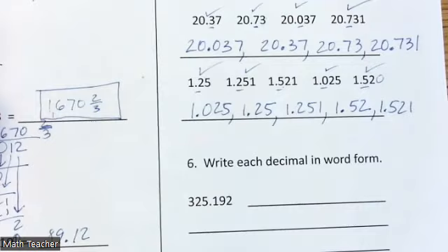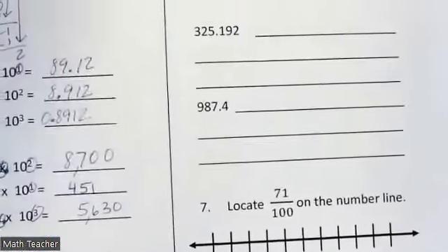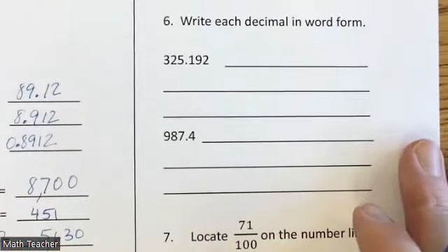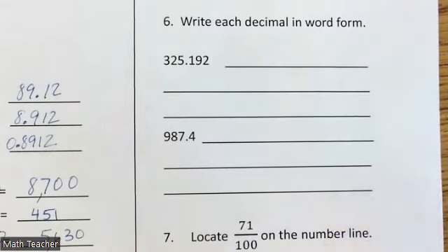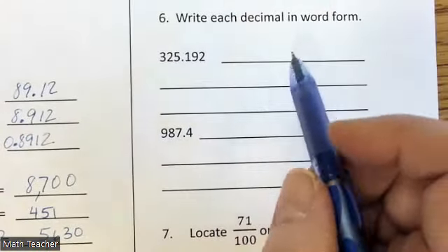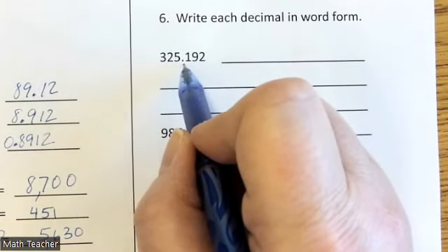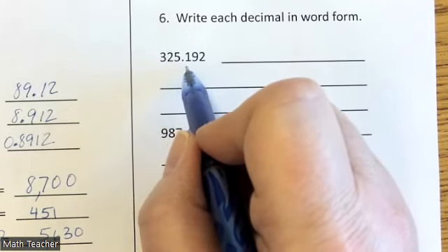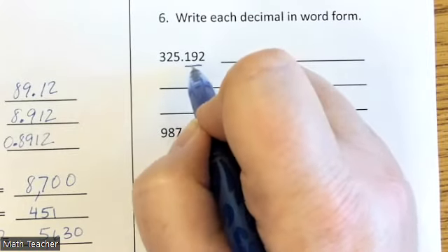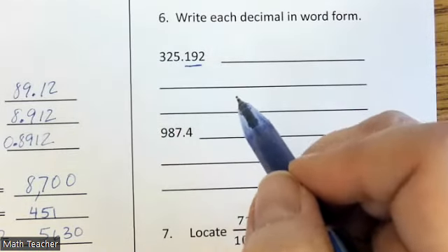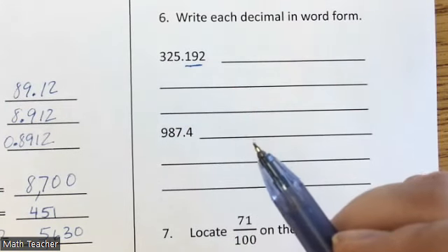And then this next question is just about reading numbers using the appropriate terminology and place value pronunciation. So this will be 325. We pronounce the decimal as the word and. So 325 and then we read this number as it's written, 192. And then we say the place value of the last digit.